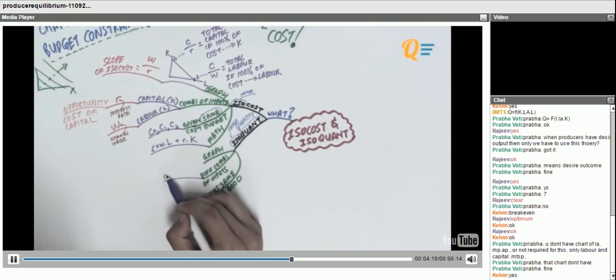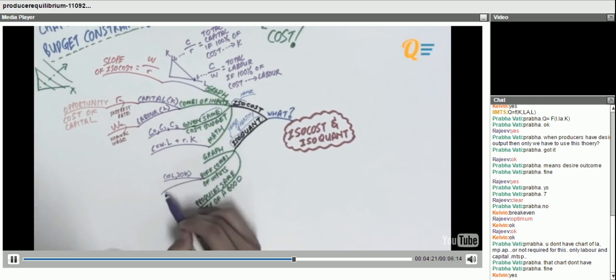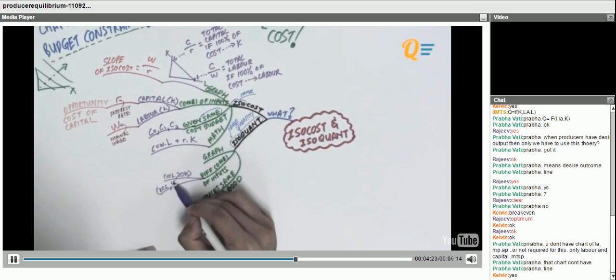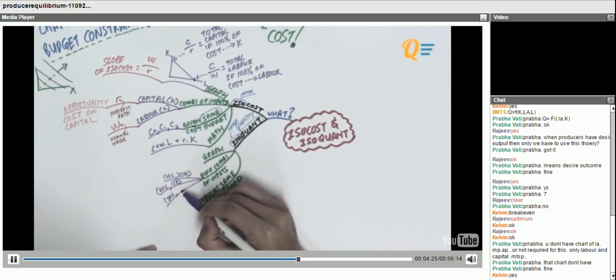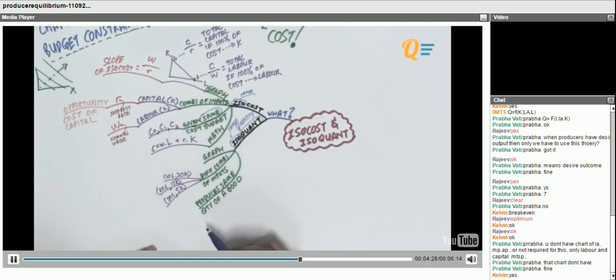So maybe we have 10 units of labor and 20 units of capital, or 20 labor and 15 capital, or 30 labor and 5 capital. It doesn't matter which one of these bundles, the firm can use this to produce X naught amount of goods, for example.